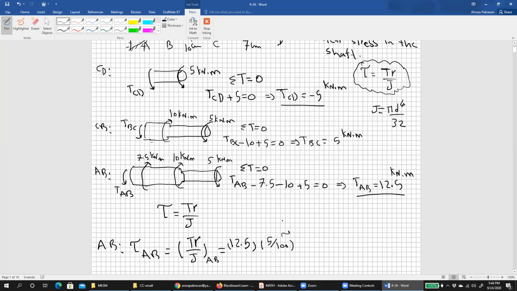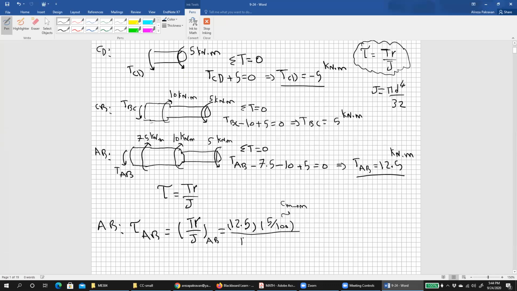This 100 means centimeter to meter. J is pi d to the 4, again divided by 100, over 32.